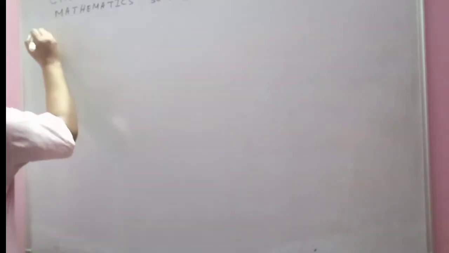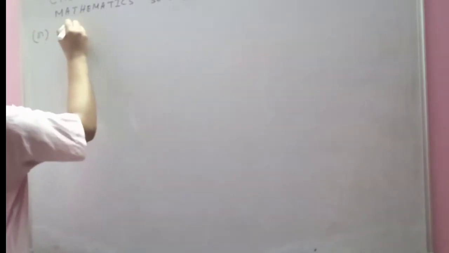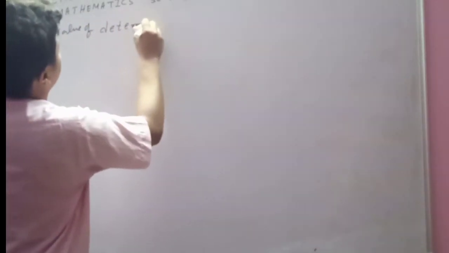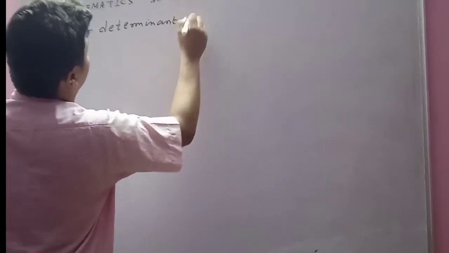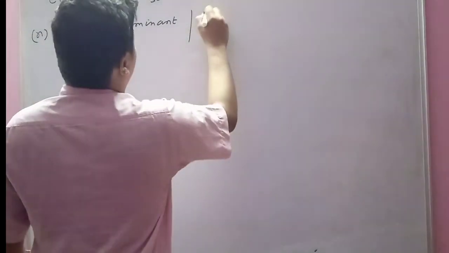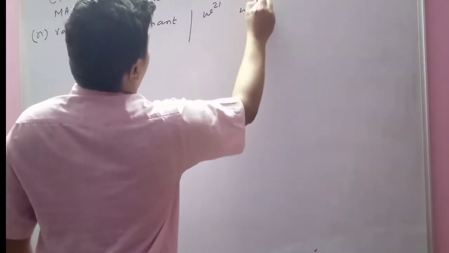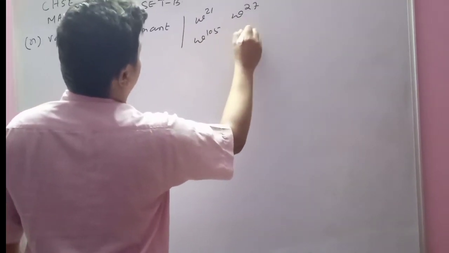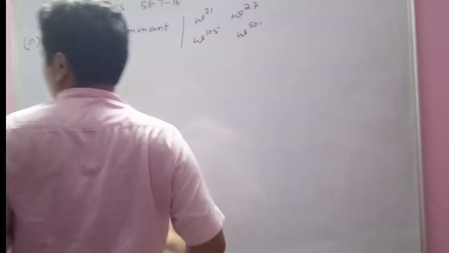The value of the determinant with entries omega to the power 21, 27, omega to the power 105, and 501.